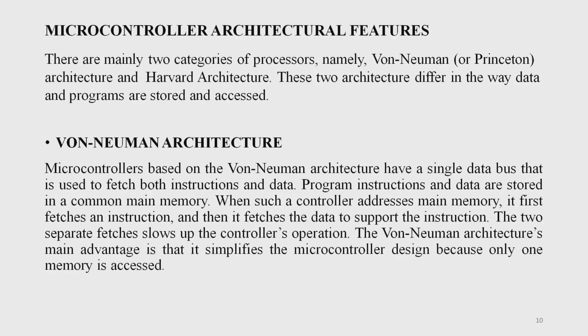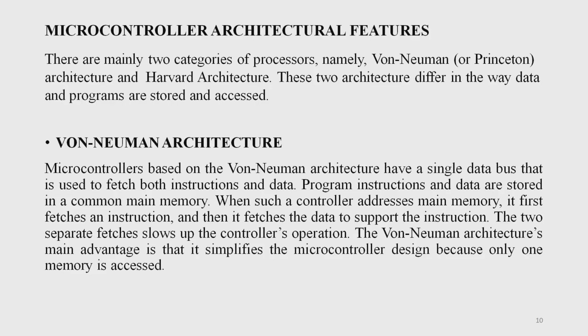Now the microcontroller architectural features. There are two main categories in this architecture: one is Princeton or von Neumann, and the other is Harvard architecture. These two architectures differ in the way the data and the programs are stored and accessed. In the von Neumann architecture, there is a single data bus which is used to fetch both instructions and data, so the program instructions and data are stored in a common main memory.